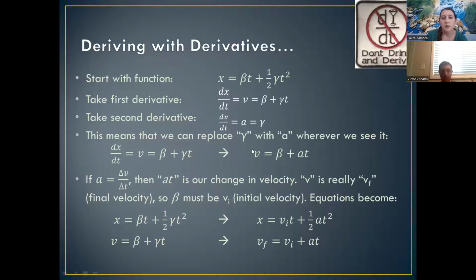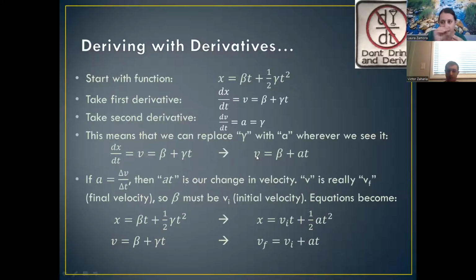Okay, so it's basically just algebra here, once you plug in those things that we know. V is v final. Acceleration times time is our change in the velocity. That means the change in velocity plus the initial velocity gives us our final velocity.